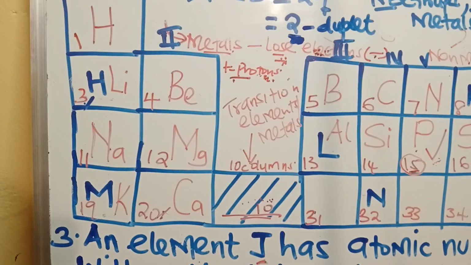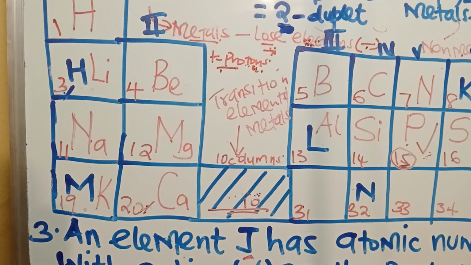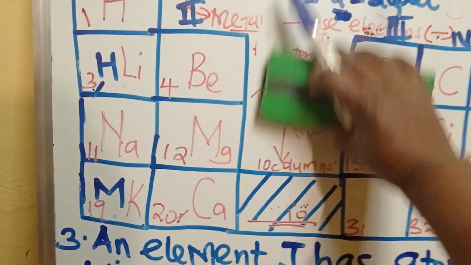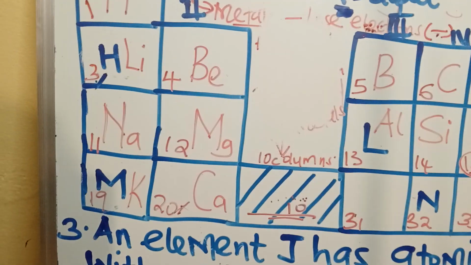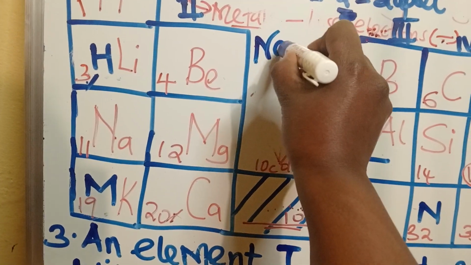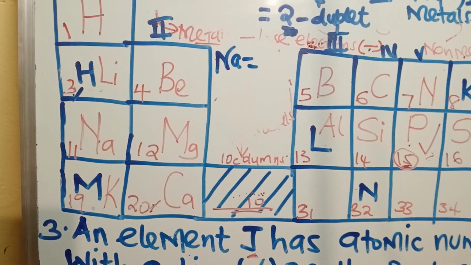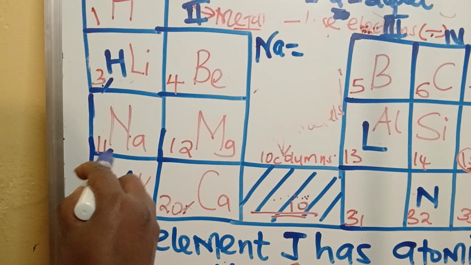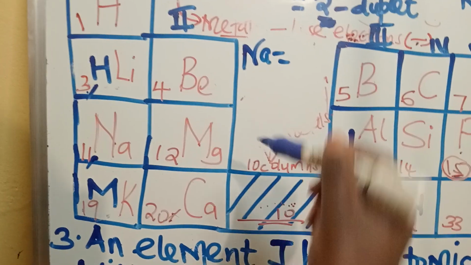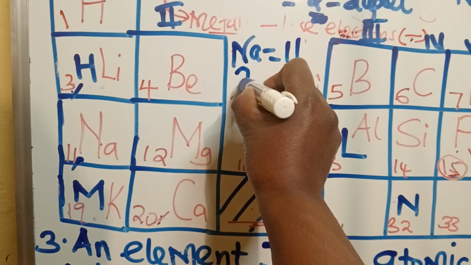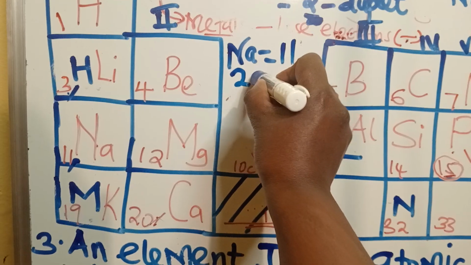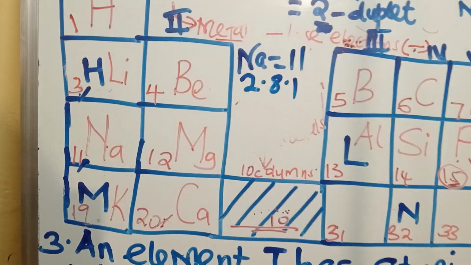Let me give another example of another element that we call sodium. Sodium has atomic number 11, so with an electron configuration of 2.8.1.